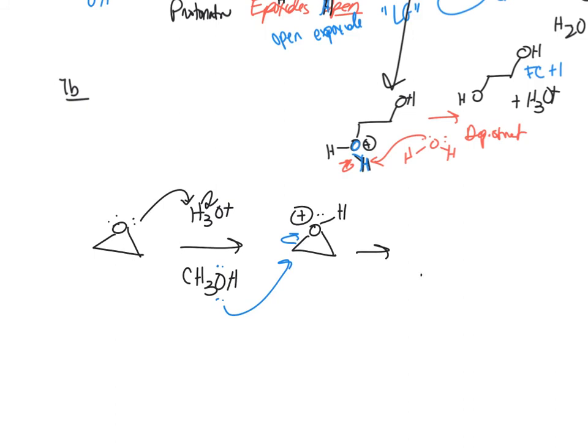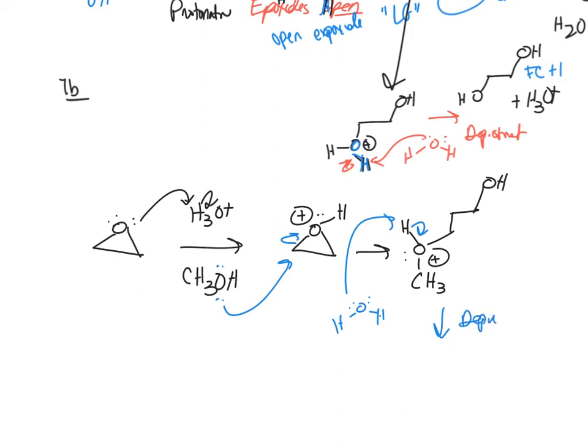And now you would get attack, and of course this is still protonated, and then you'd have to have your water regenerate your acid by doing a third step of deprotonation. And so you would have an ether, that's an ether functional group, and an alcohol.